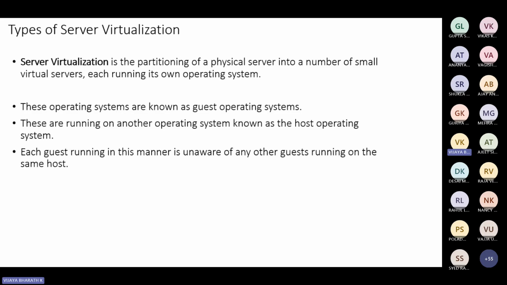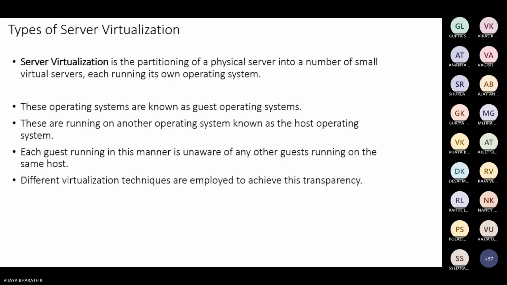Each guest runs unaware of the other guests running on the same host. That is what we saw in the benefits. Different virtualization techniques are employed to achieve this transparency.